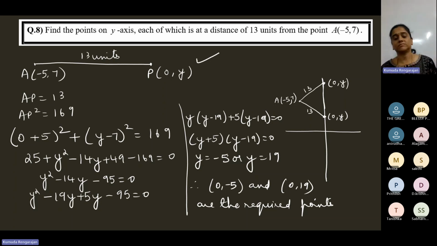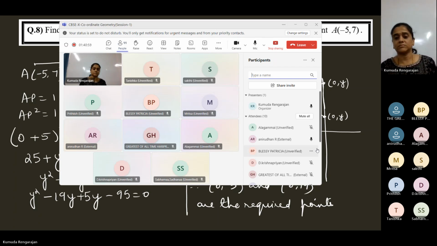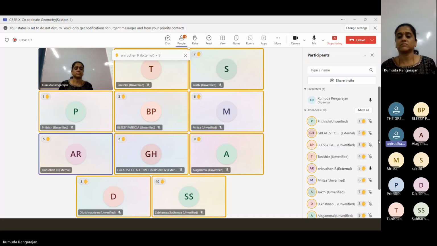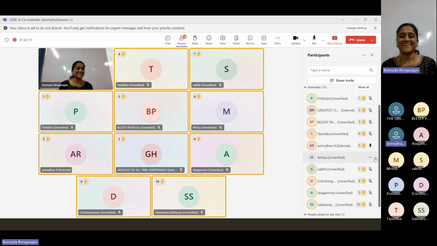Online children? Please let me know if you're finished. Online children, use the emoji, raise your hand. Aniruddhan, disable your mic.